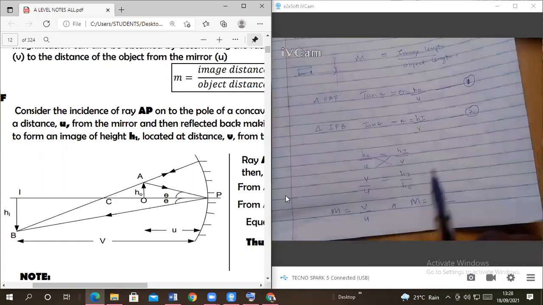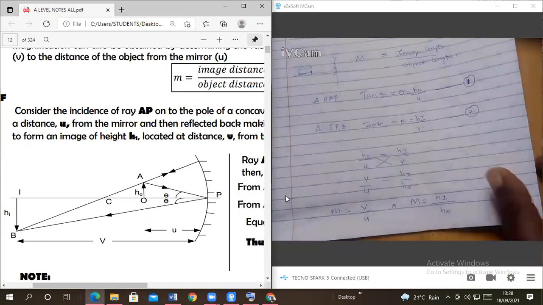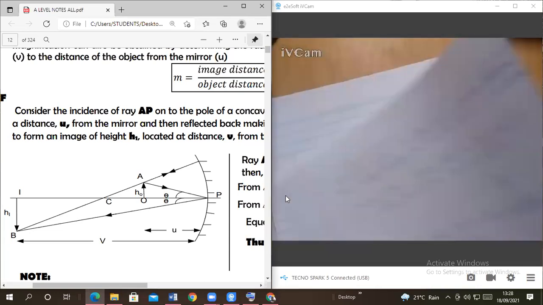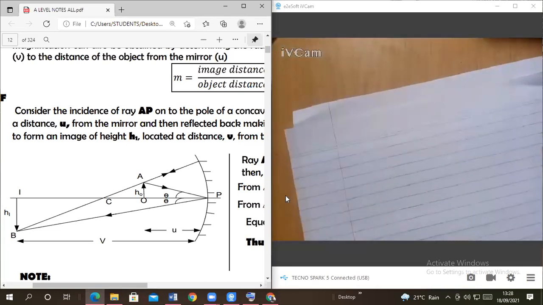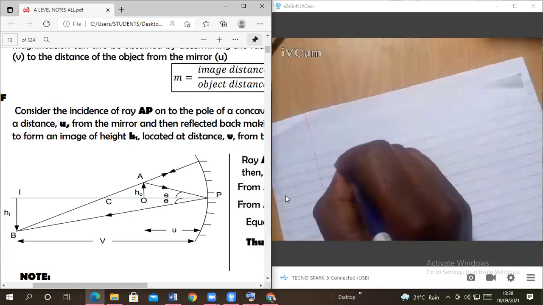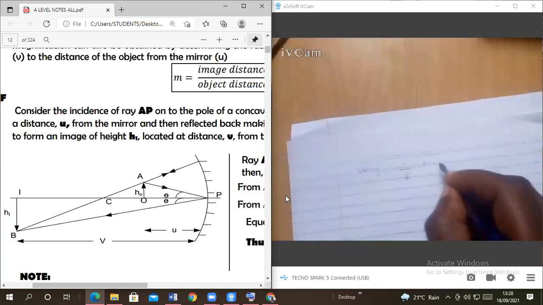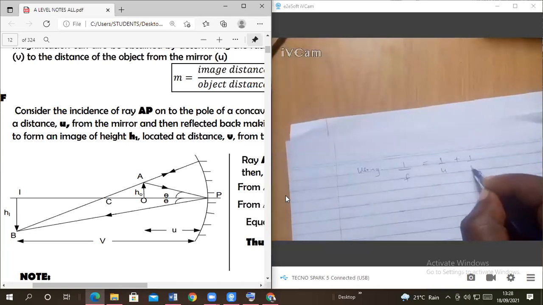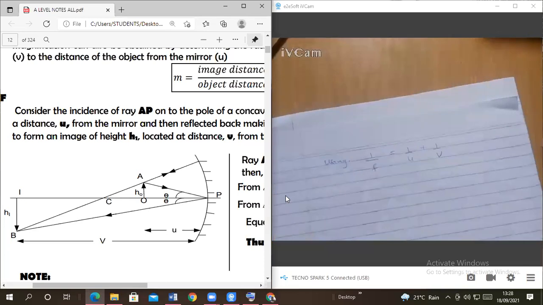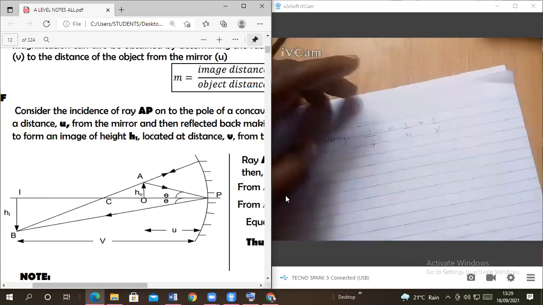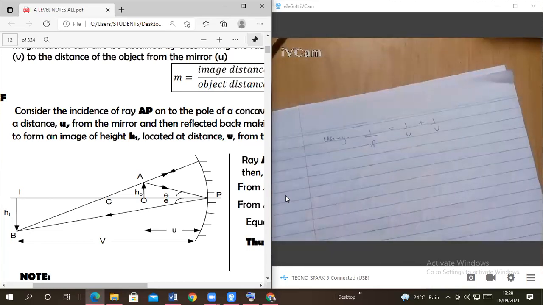Now, the other thing that you have to know is that we can also get magnification from the mirror formula. Using 1 over F equals 1 over U plus 1 over V, we can get magnification in terms of U, or in terms of V. If I want magnification in terms of V, I'm going to multiply all throughout by V, so that V vanishes.